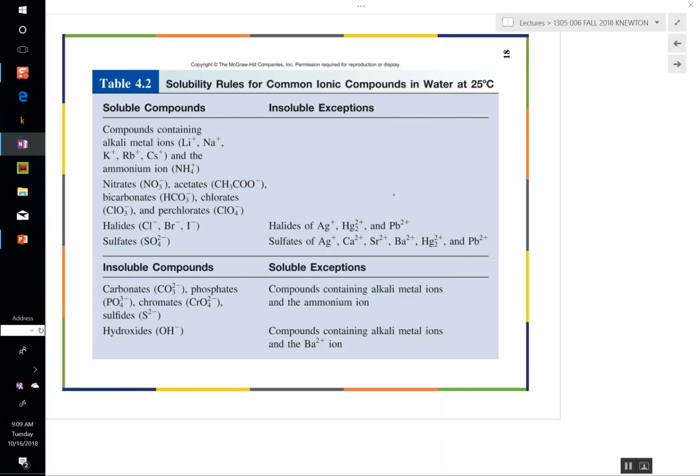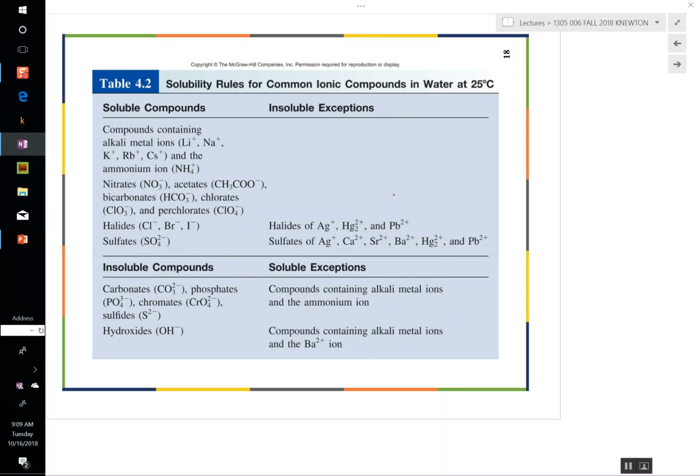So let's take this first one, silver sulfate. That one is insoluble. So, okay, here's sulfates. Sulfates are soluble in water, but not these.